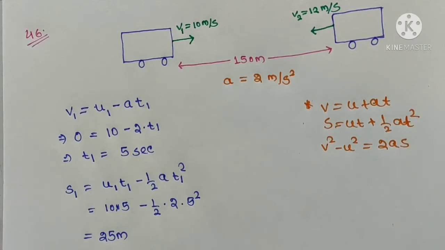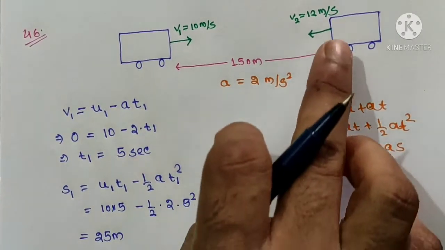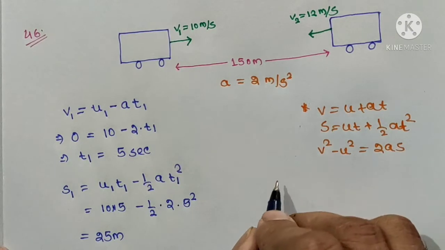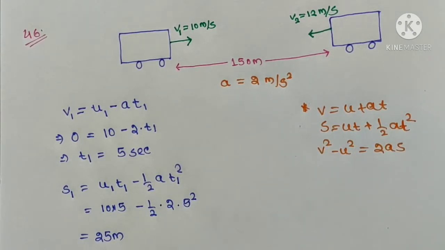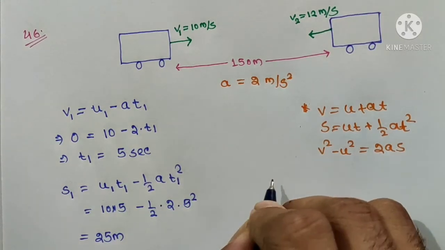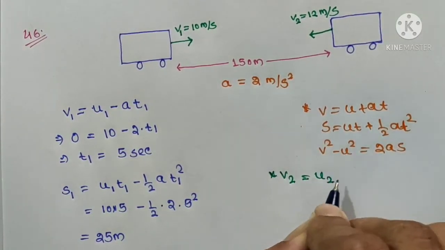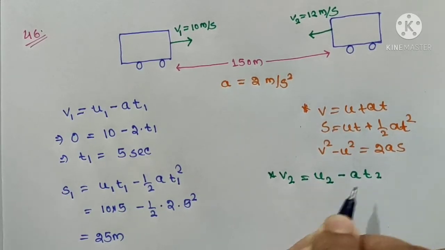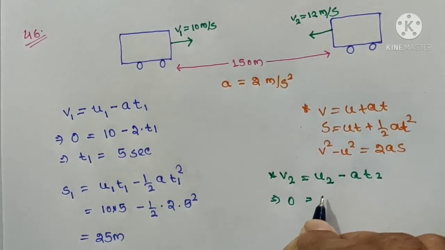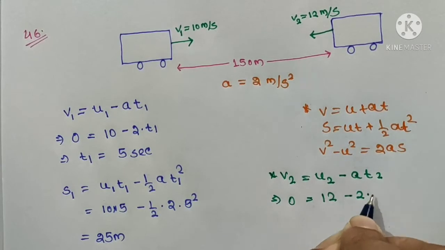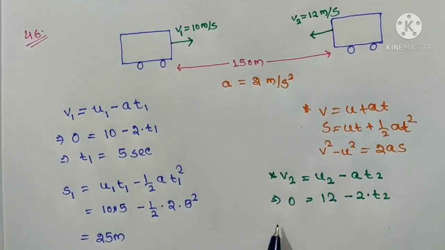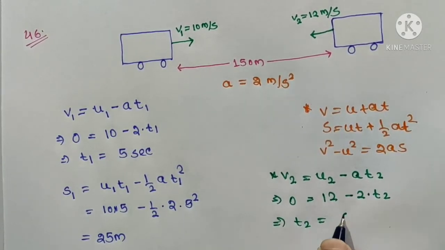Next, let us calculate for the second car. So first, time taken by the second car to come to rest. So v2 equal to u2 minus a t2, final velocity 0, initial velocity 12 minus 2 t2, or t2 equal to 6 seconds.